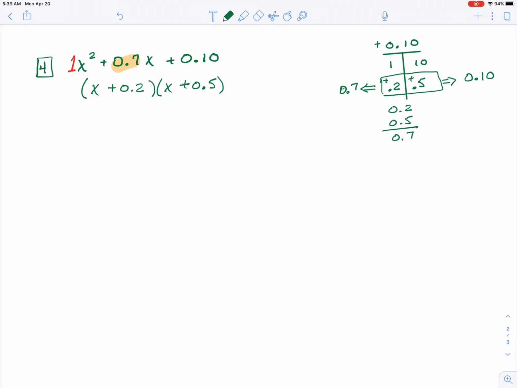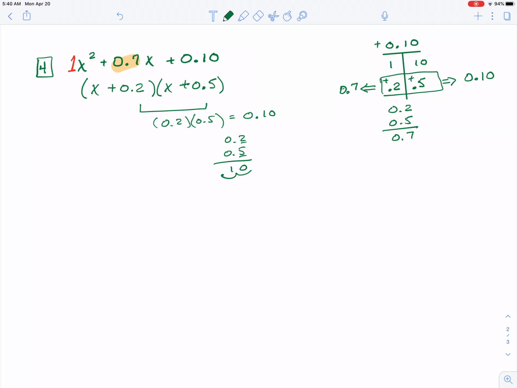And of course you can see, if I do a little quick check here, when I do the last term times the last term, 0.2 times 0.5 is 0.10. Remember, when you multiply these together, you count off decimal places for each of these decimal places up here in these multipliers.